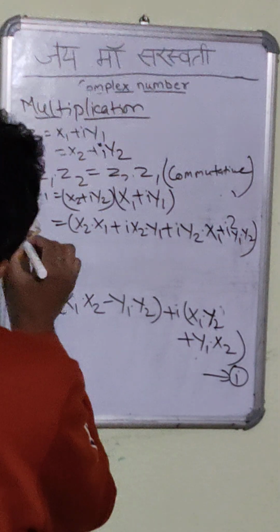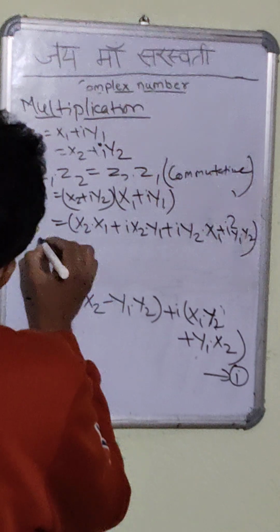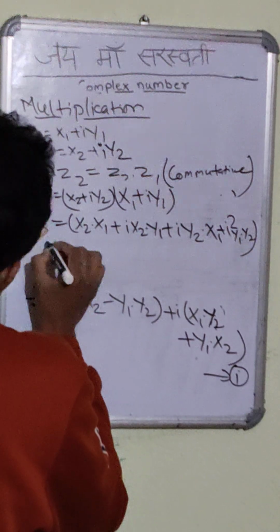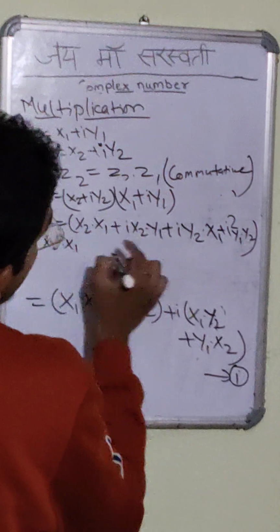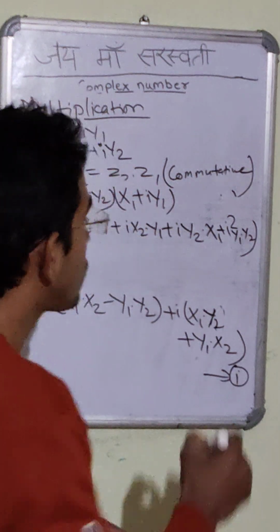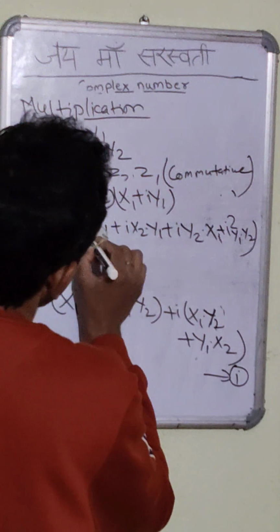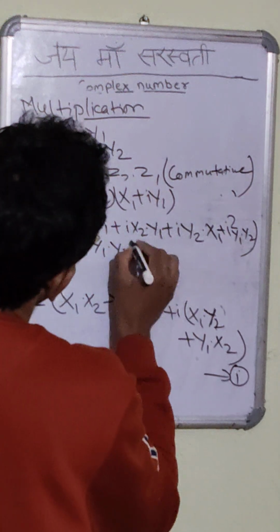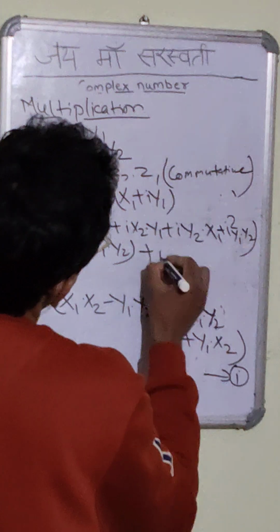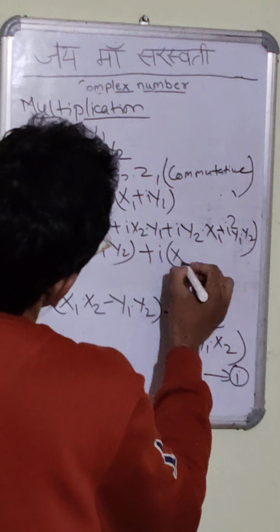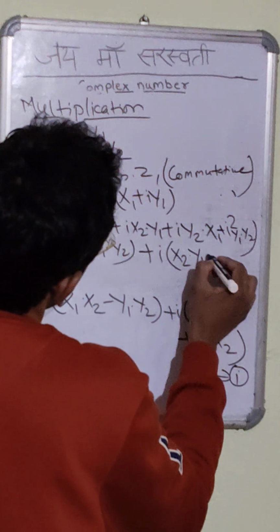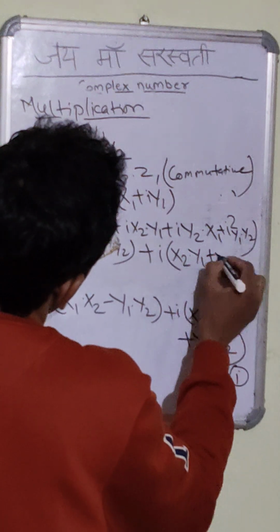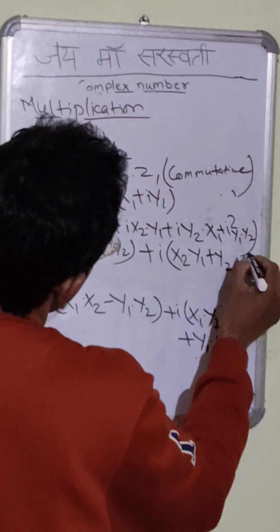So we get the result x2 into x1. See, i square is minus 1, so directly we get minus y1 into y2, plus i as a common, x2 into y1 plus y2 into x1.